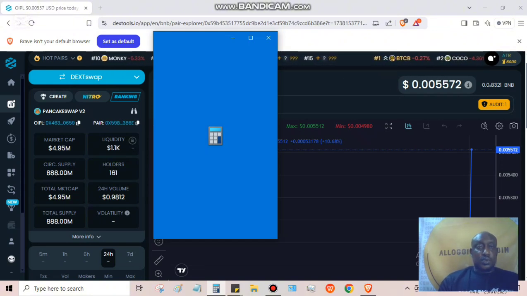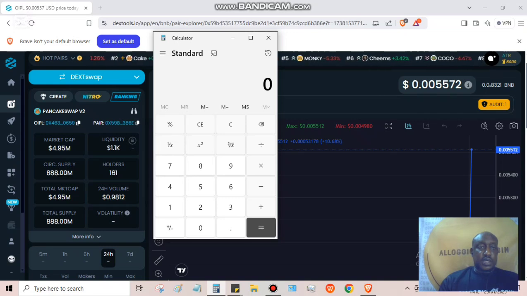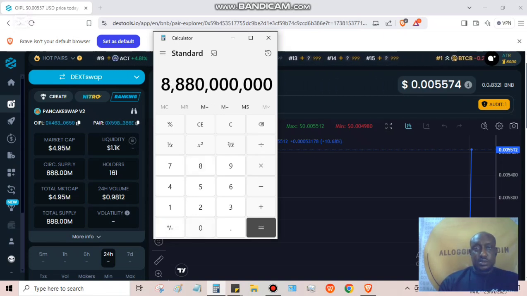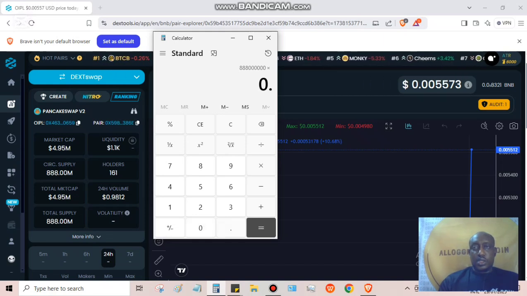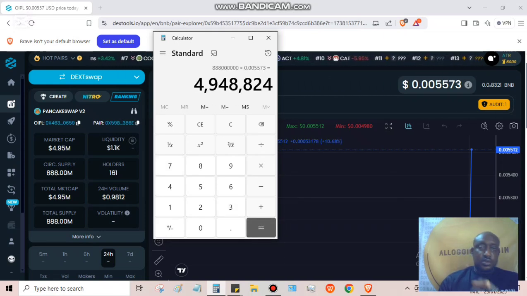When you multiply 0.005573 by 880 million, you see this is the market cap, 4.9 million.